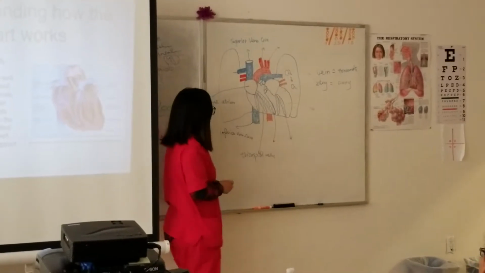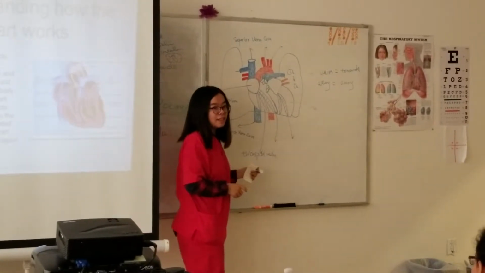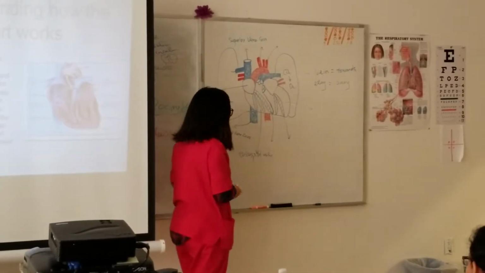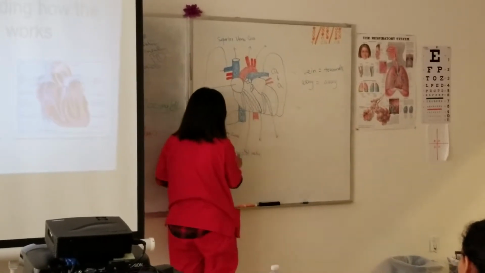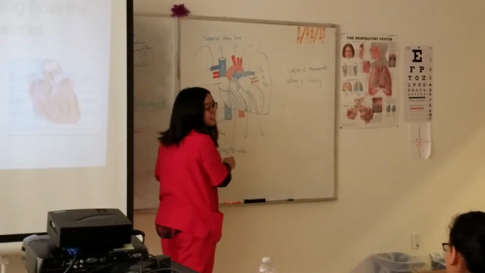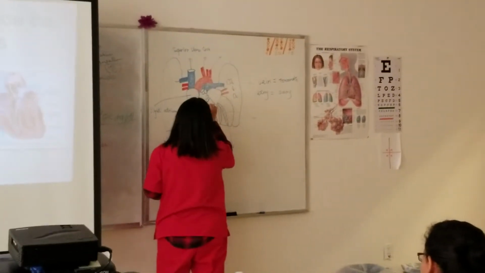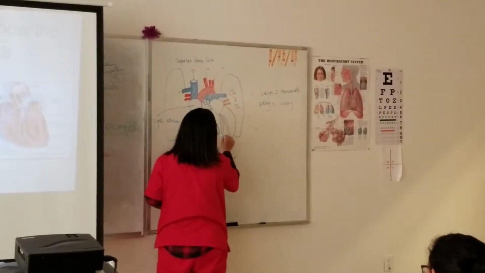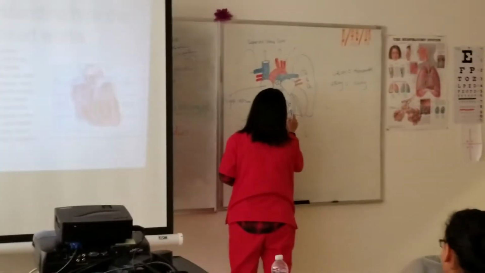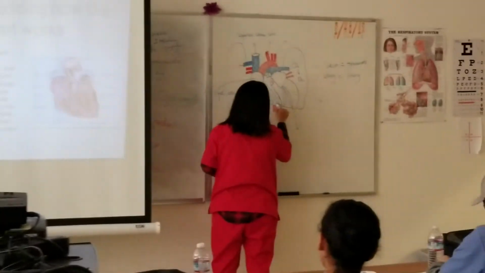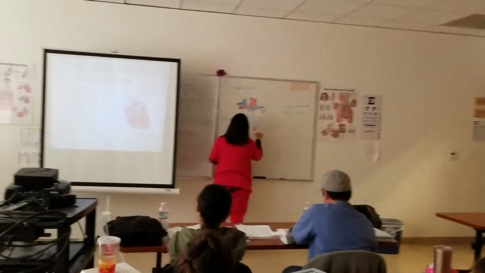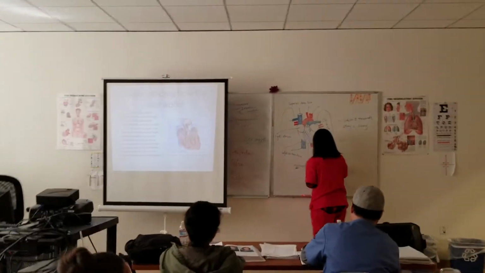Why do we call it tricuspid? Because there are 3 flaps in this valve. The easy way to remember is tri, so 3 flaps. So the blood goes through this valve and goes to the right ventricle.